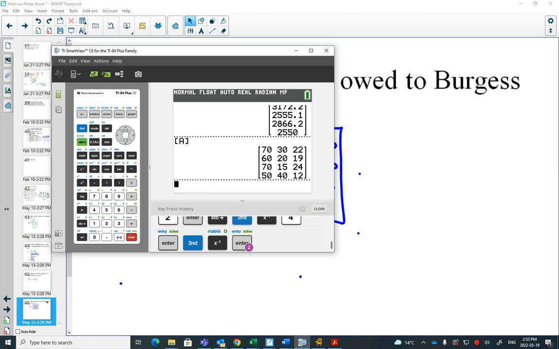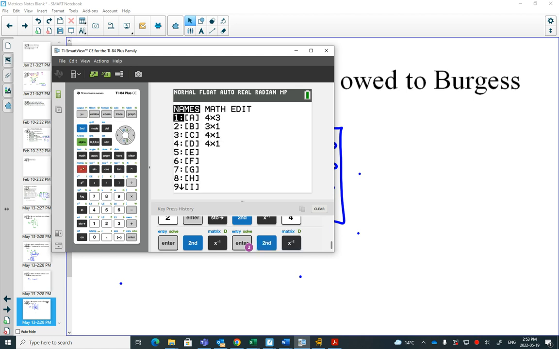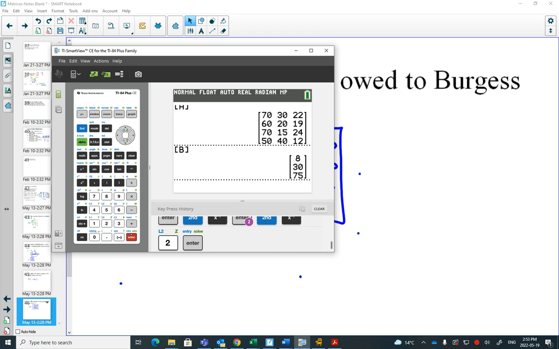Then check your matrix B. Do you have 8, 30, 75 in your matrix B? Well, let's see your matrix C. Oh, your matrix C is 2960.